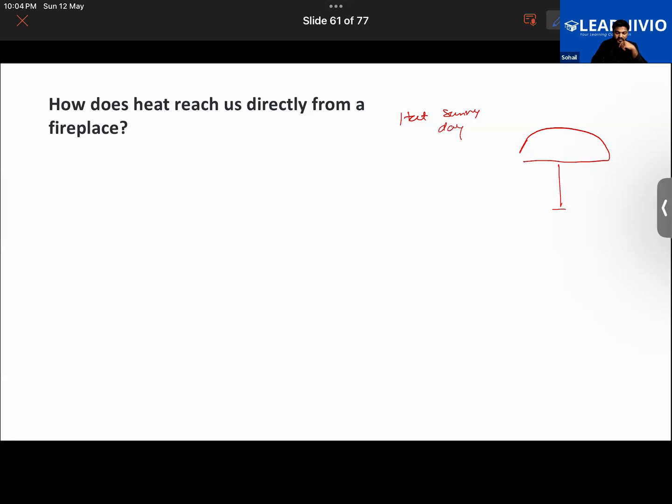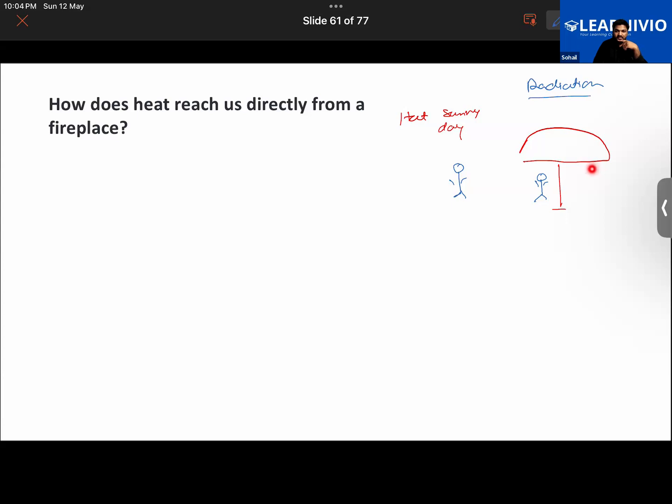For example, if you were to stand at this place, you would feel warm. While you stand under this shade, you will not feel warm. If it was true that radiation heats the air, then wherever the air is, it would be getting heated up, whether it is the air of this place or the air under this shade.